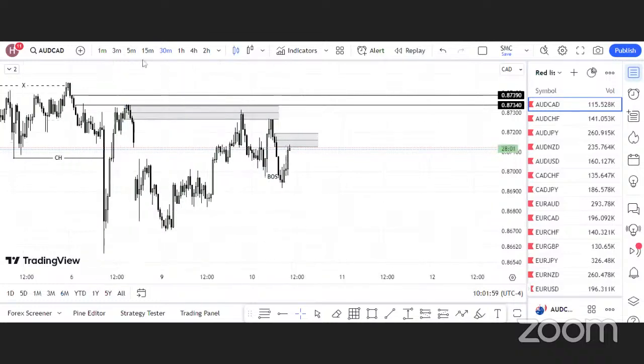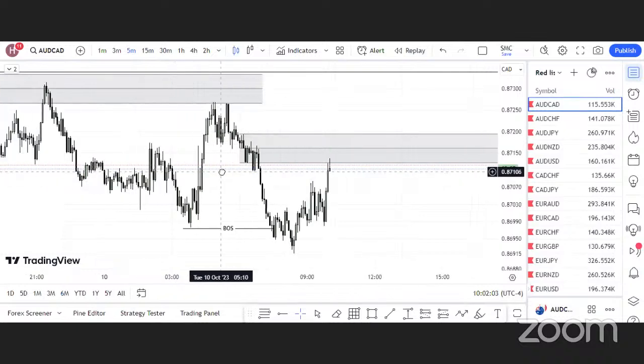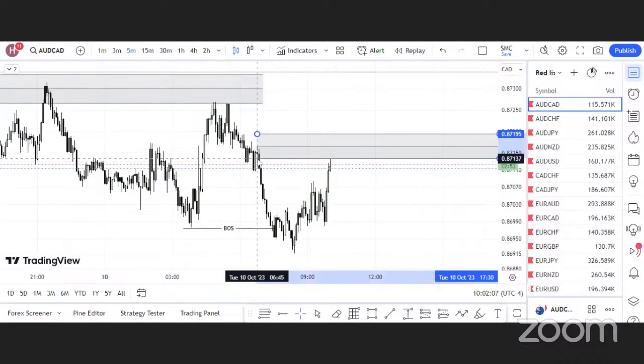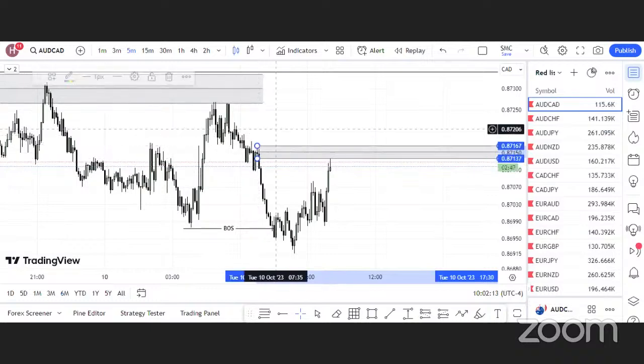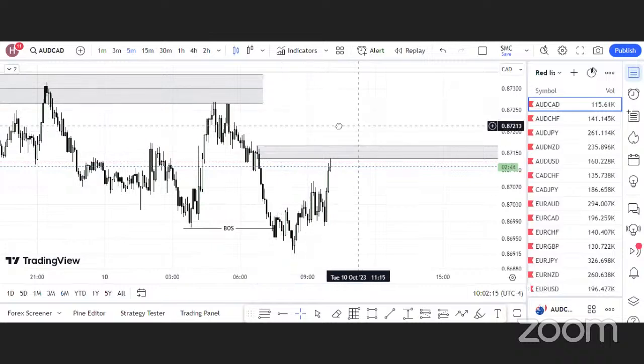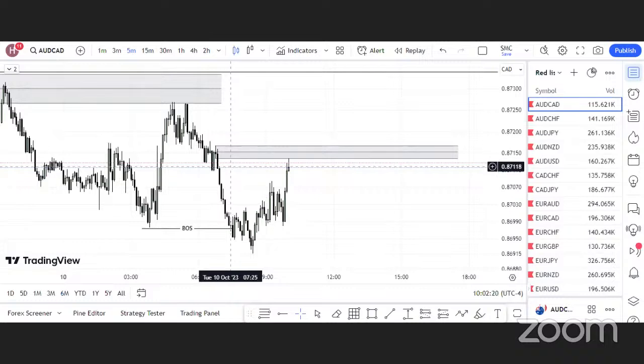So let's go to the 5-minute time frame. So the market is currently on our gap here.